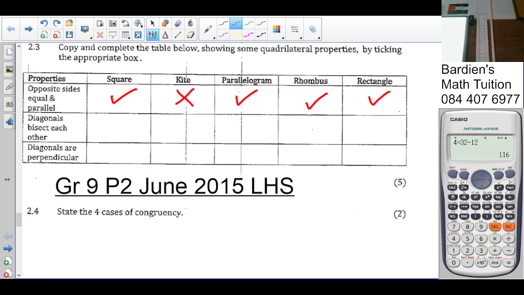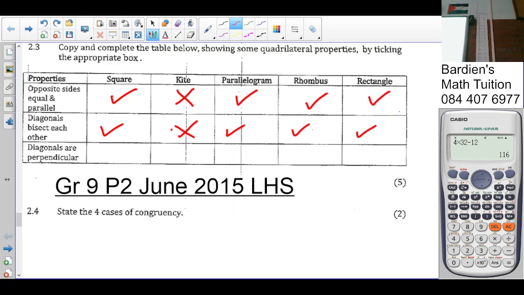The diagonals bisect each other, which means to say that the diagonals cut each other in half. Square, parallelogram, rhombus, rectangle, not a kite. Why? Because the diagonals don't bisect each other in a kite. One diagonal bisects the other. But when it says here the diagonals bisect each other, it means both diagonals are cutting each other in half.